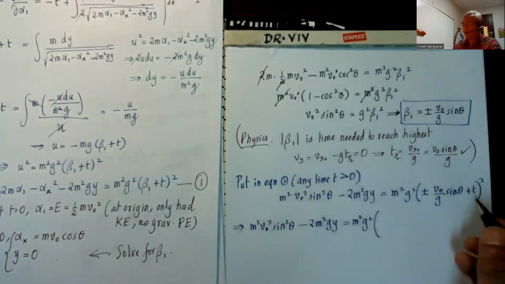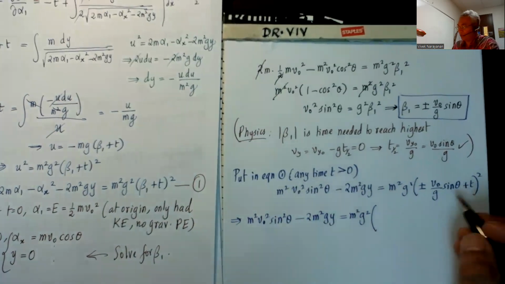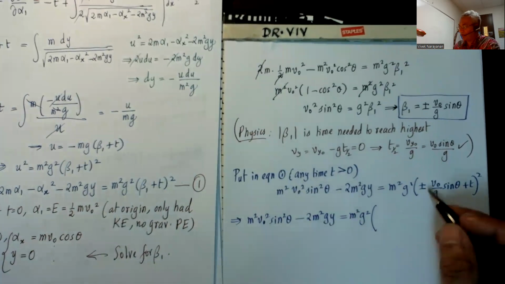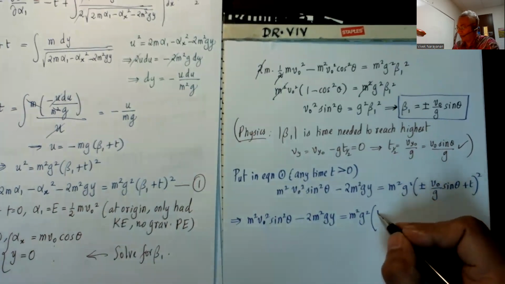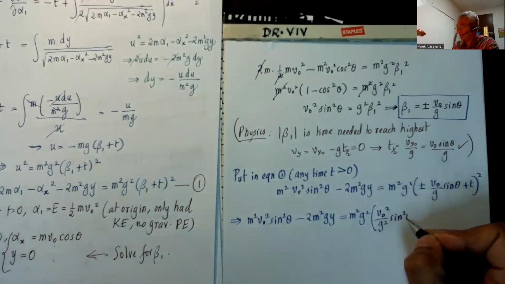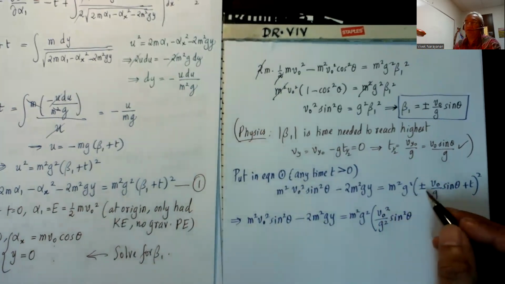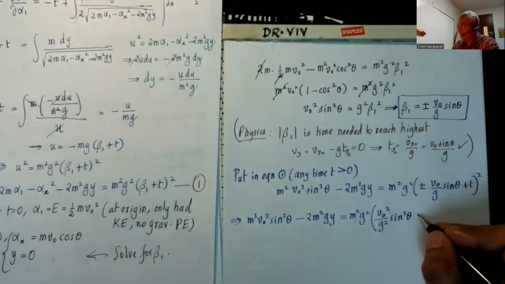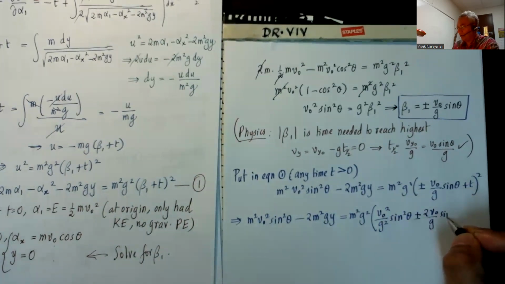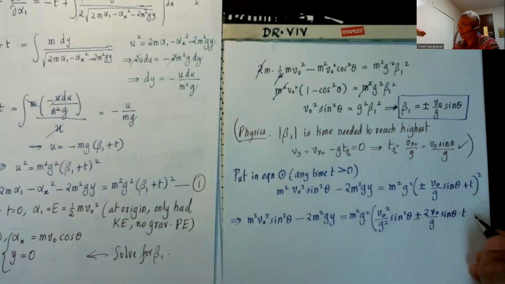And then when I expand the square root, that's a plus b squared, that's a squared, the plus or minus will not matter. So it's v naught squared over g squared sine squared theta plus 2ab. There the plus or minus sign will matter. So it's going to be plus or minus 2 v naught over g sine theta times t plus t squared.